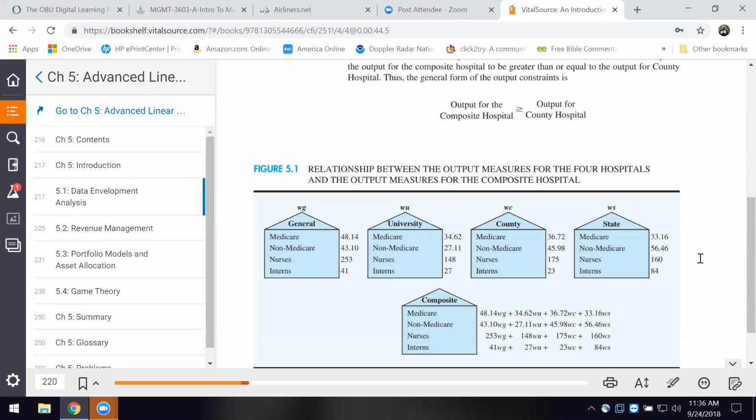Now, if I look here at figure 5.1, just in terms of Medicaid recipients, I'm seeing things ranging from a bottom of 33.16 all the way up to 48. So nearly half of my patients are on Medicare. Now, why do I worry about that? Well, Medicare is an insidious plot to create death panels, just like Obama wanted to do.